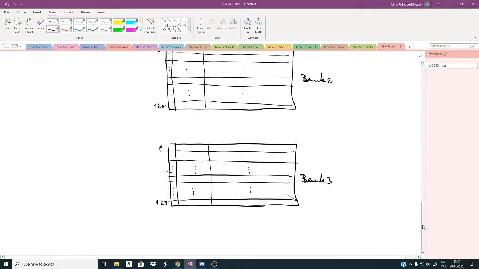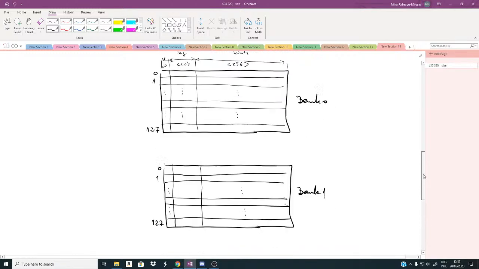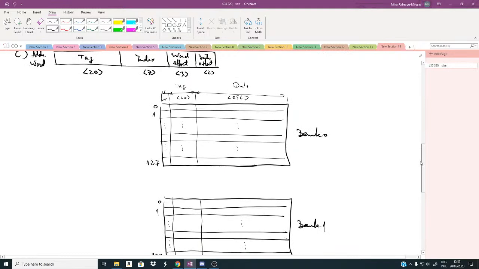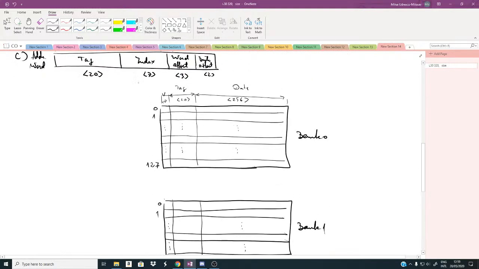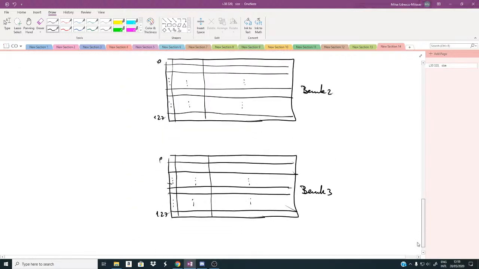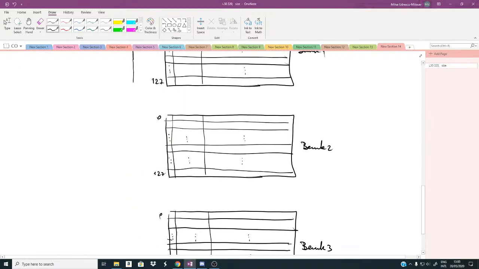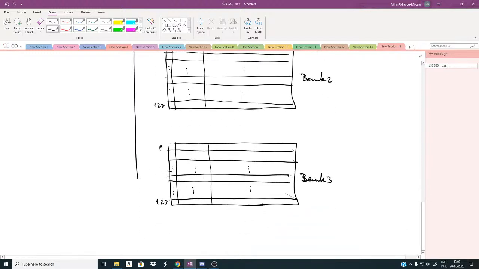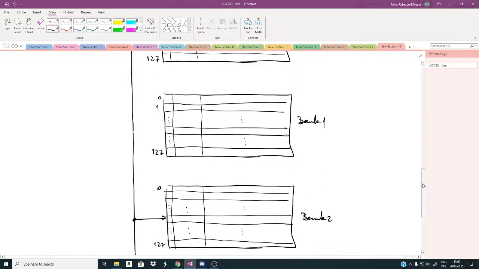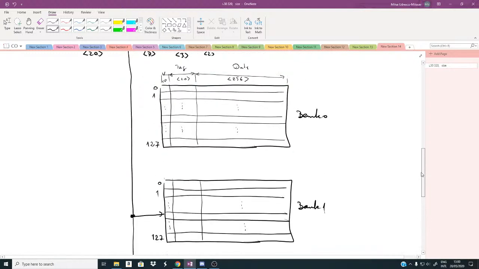Now, with the index, I'm selecting the corresponding blocks out of these 4 banks.